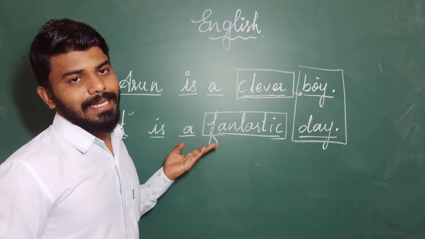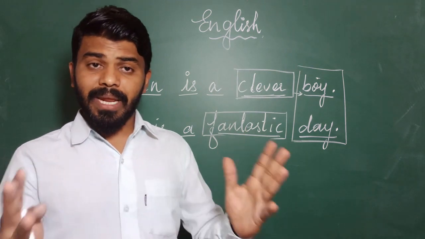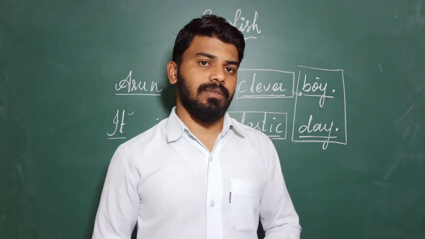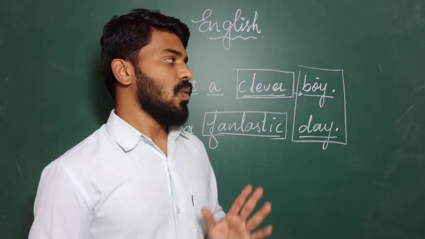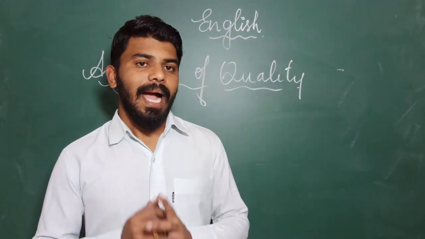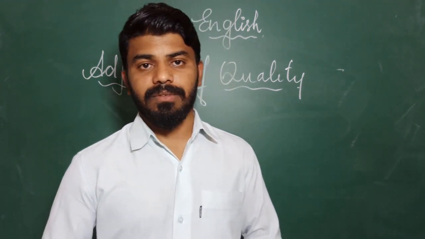So we know what is an adjective. Fine? Okay. So there are many types of adjectives. There are 6 types. We shall be discussing them one after the other.